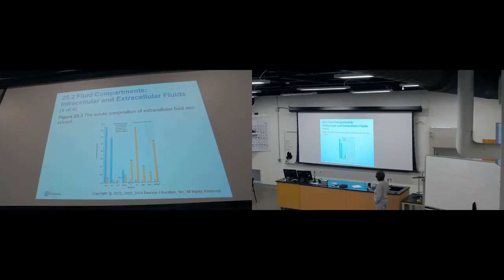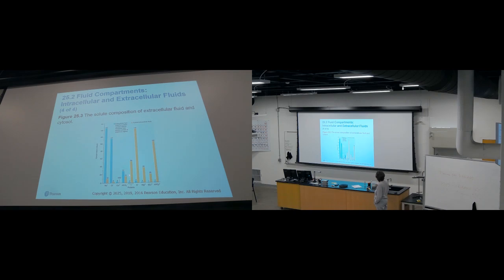So here is the solute composition of the extracellular fluid and the cytosol composition. So everything here in yellow is the cytosol or the intracellular compartment, and everything here in blue color is the interstitial fluid or the extracellular fluid.